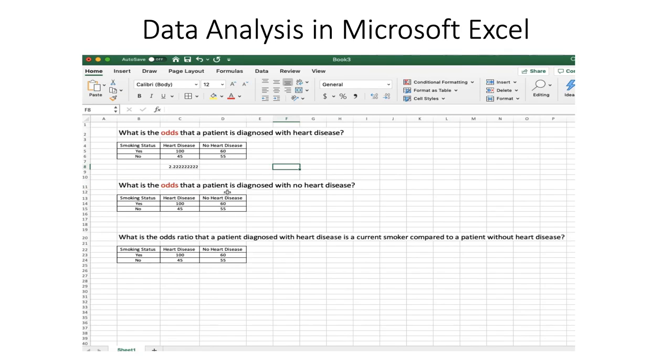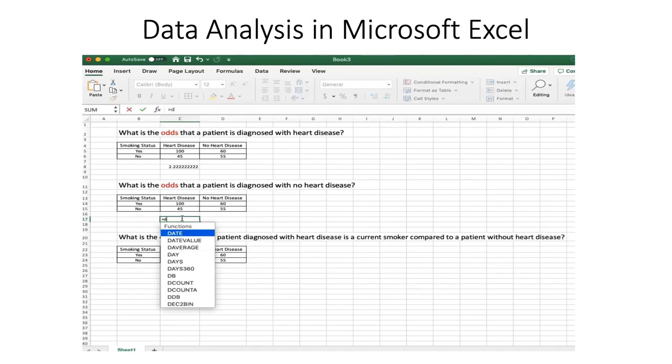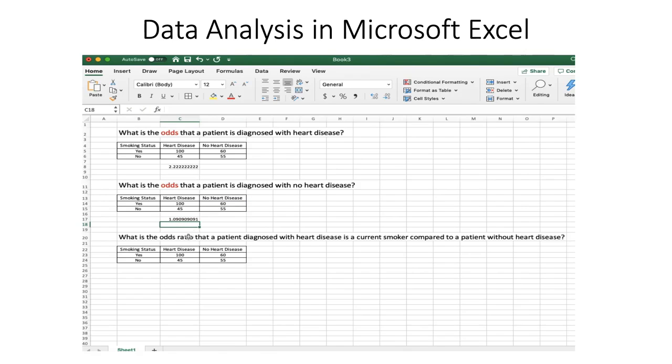Over here, we can see that the no heart disease section is 60 and 55. This location is D14, and then this location is D15. So to calculate this, what we do is equal D14 divided by D15. And that gives us 1.09.